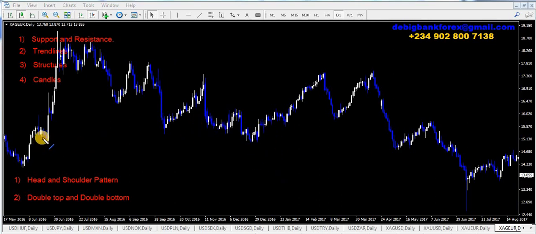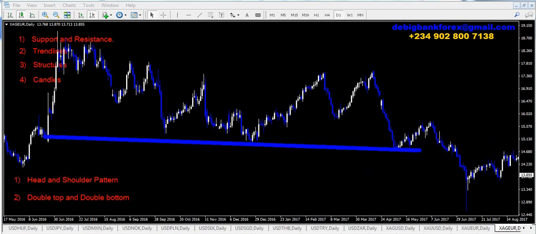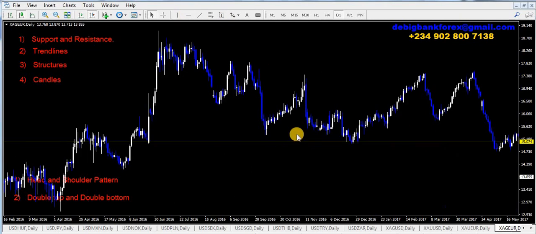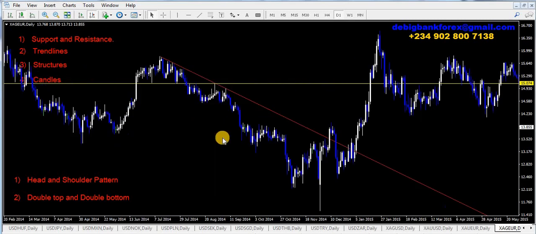Sorry, this is too huge. Let's look at the market this way. The market was at a noticeable level, a good level of support and resistance.